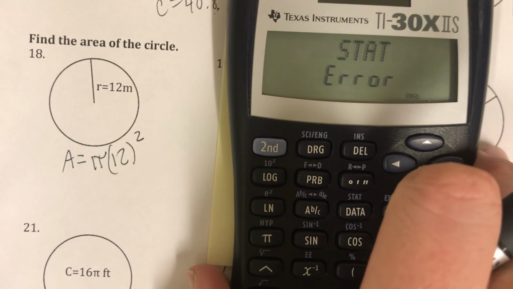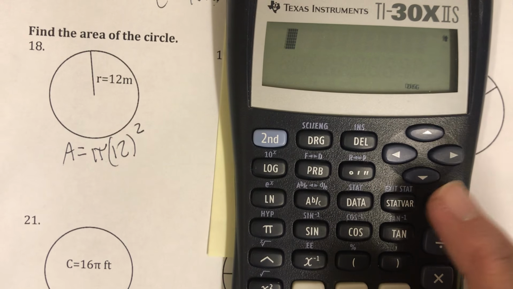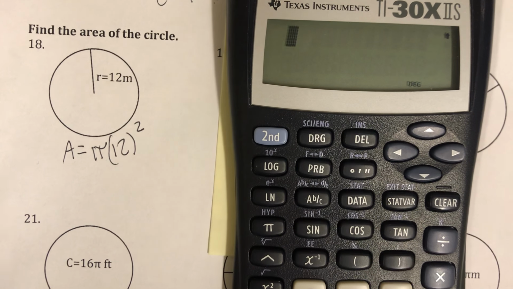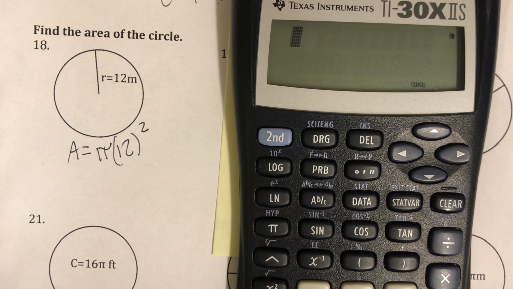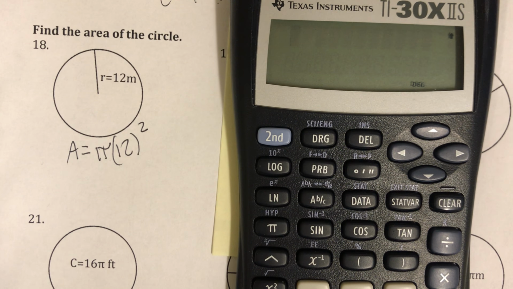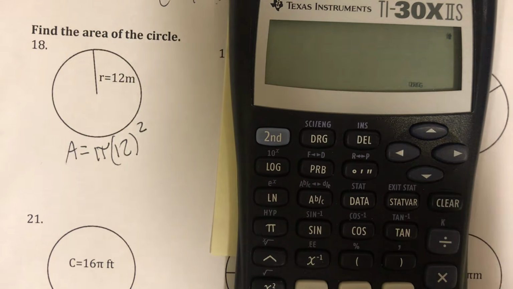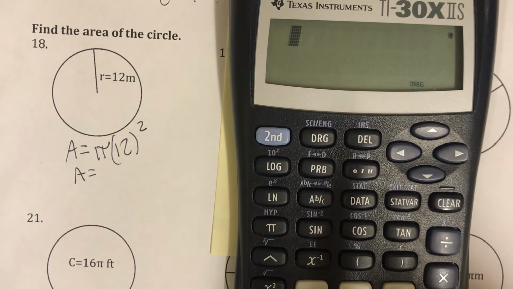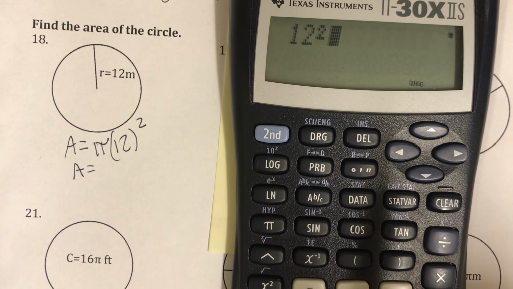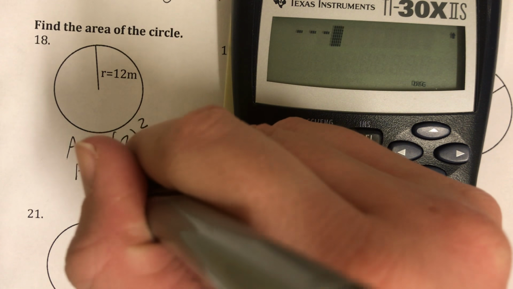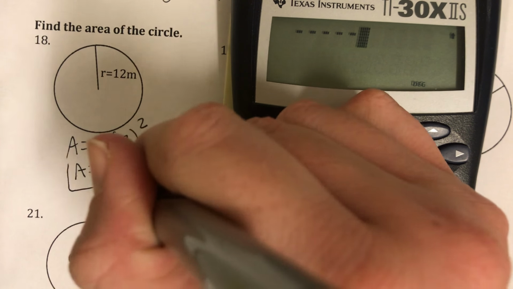Then you can get out your calculator, and just like with our circumference, you don't need to simplify pi for area either. It's usually written with pi in it. So on my calculator I just type in 12 squared. Hopefully you know that's 144 though. And then my area is going to be 144 pi.